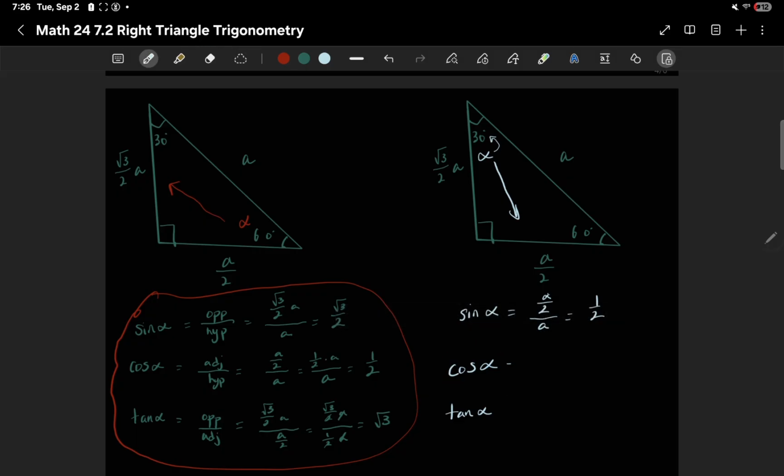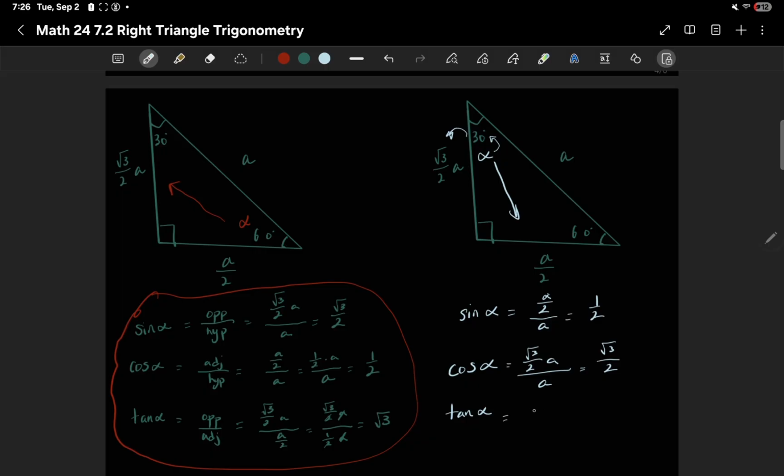Cosine is equal to adjacent over hypotenuse, so the adjacent is the side next to but not opposite of the 90. So that would be this guy, my adjacent side. So adjacent square root of 3 over 2 a over hypotenuse, which is a. So the a's are going to cancel, just leaving me with square root of 3 over 2.